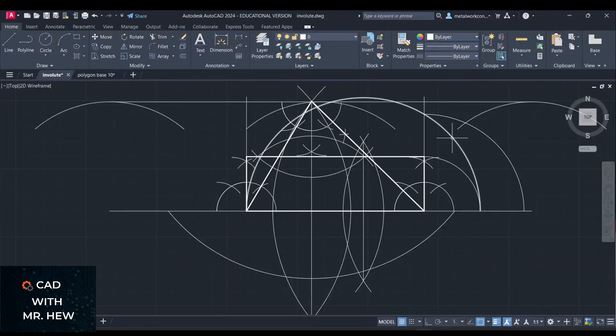As I indicated, where this bisector intersects this baseline, this is the center for the radius of this construction semicircle. Where this construction semicircle intersects this right angle that was drawn previously to get the side of the rectangle, that would be the length of one side of the square, right?